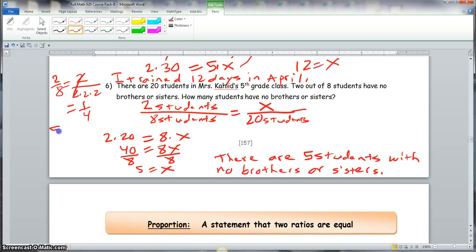So this is really 5 over 20, which is broken down to 5. That's the prime factorization of 5. And the prime factorization of 20 is 2 times 2 times 5. These 5's will simplify out, and it equals 1/4. These two are equal to each other, so they are proportional.